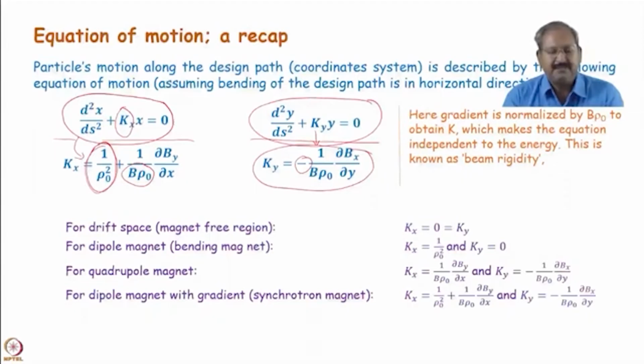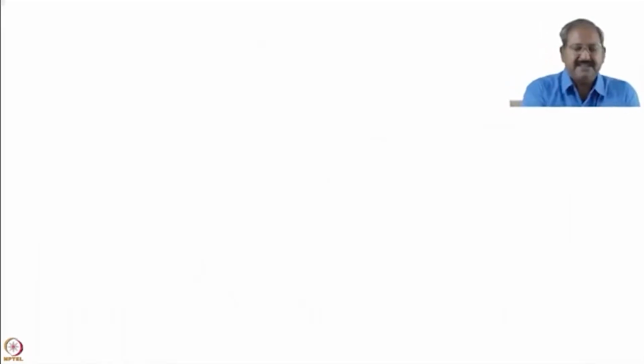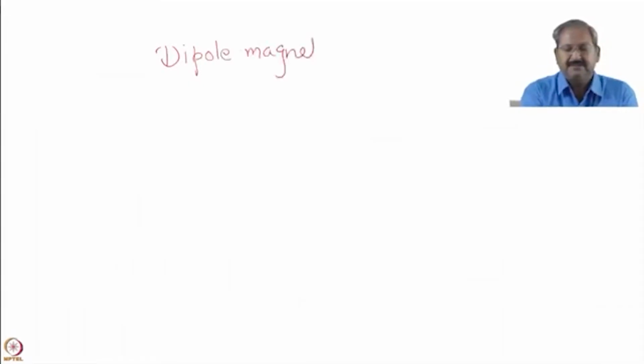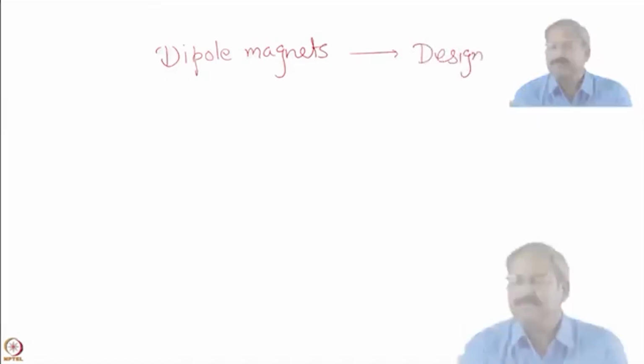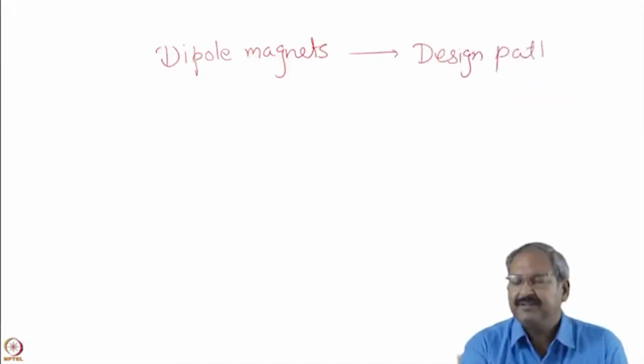So we can say that in accelerators, dipole magnets decide the design path, trajectory or orbit.